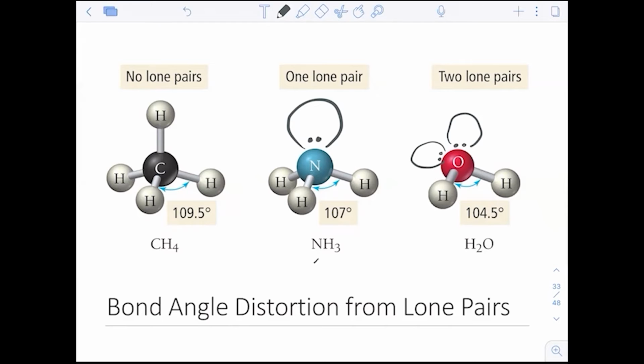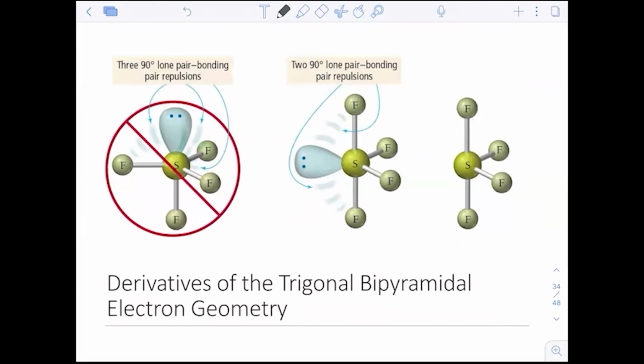We see that these are less than 109.5, the normal 4-domain system for the tetrahedral, but they still have that tetrahedral geometry. What we think about instead of these is giving them a couple of specific names to identify that the electron groups, some of them are bonding and some of them are non-bonding.